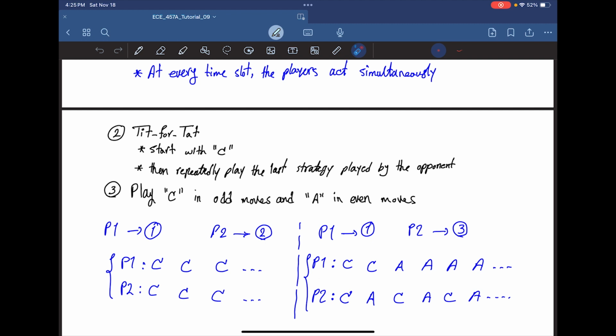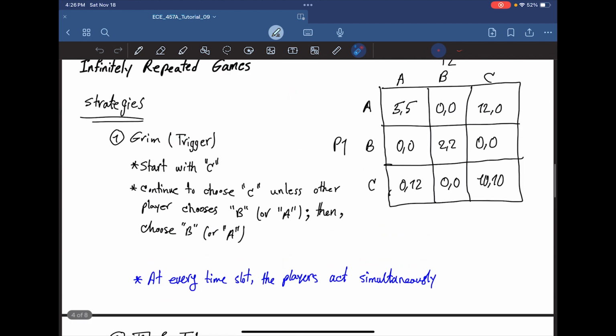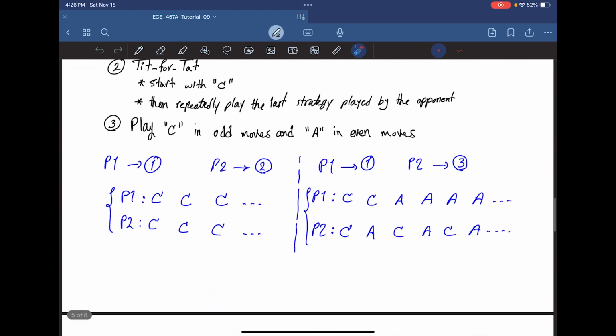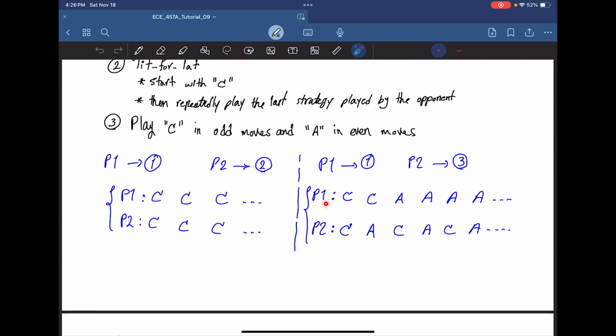So, for example, in time slot 3, because player 2's last move was A, player 1's current move will be A. Continue to choose C unless the other player chooses B or A, then choose B or A. And after that, player 1 will choose A onward.